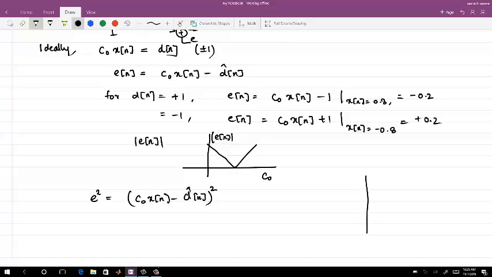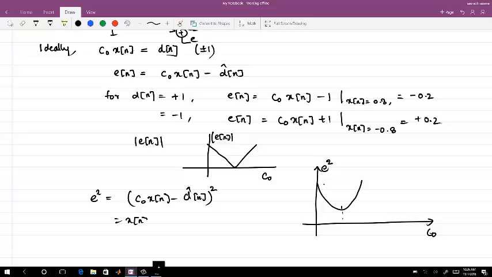Let me plot this: this is C naught, this is error square. This is nothing but x of n whole square into C naught minus d hat of n by x of n, whole square.